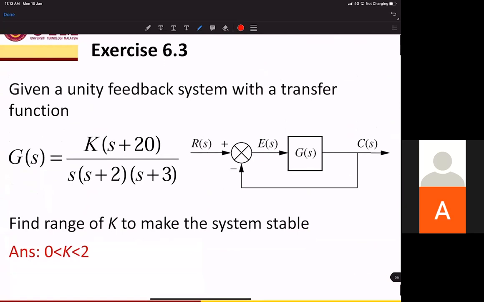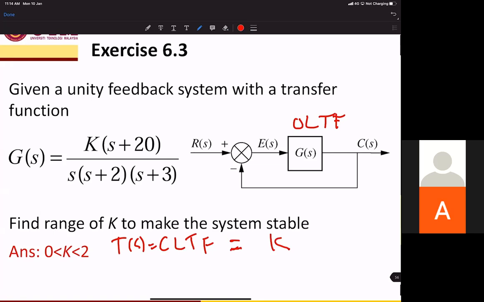So this is your G(s), the open loop transfer function. Okay. So what is the T(s)? Closed loop. Closed loop transfer function?